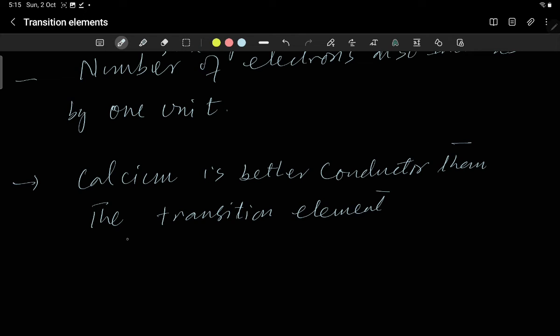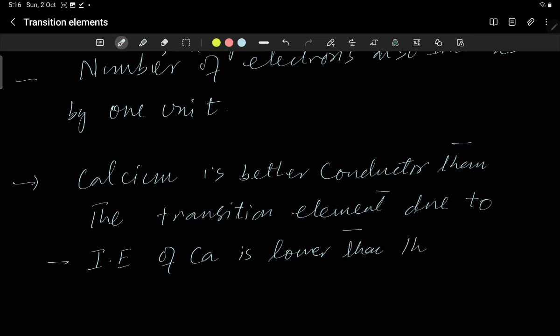This is due to the ionization energy of calcium being lower than the ionization energy of all the transition elements.